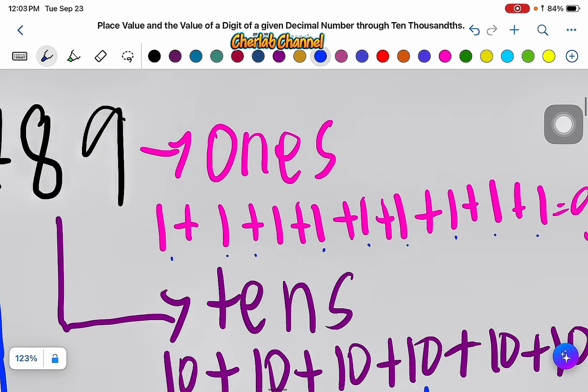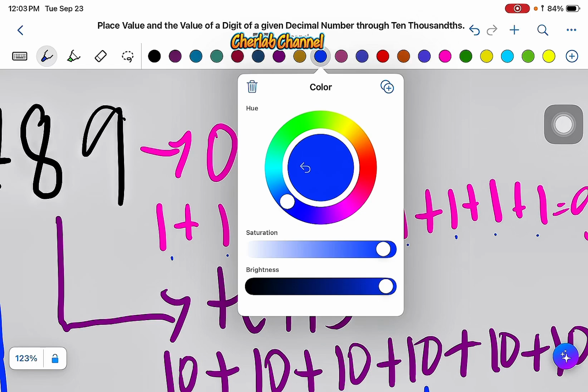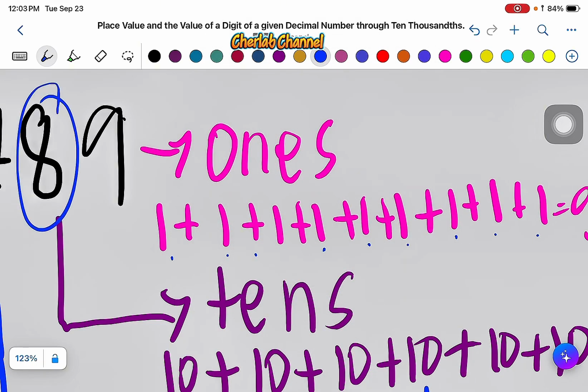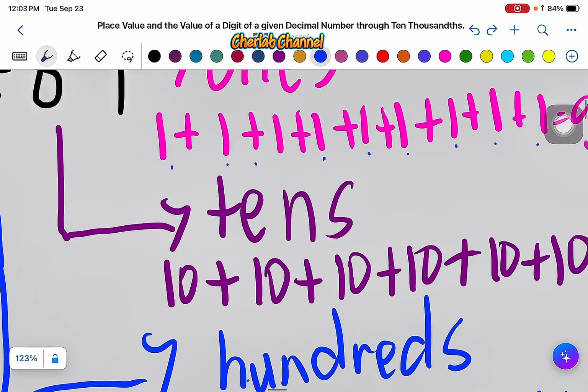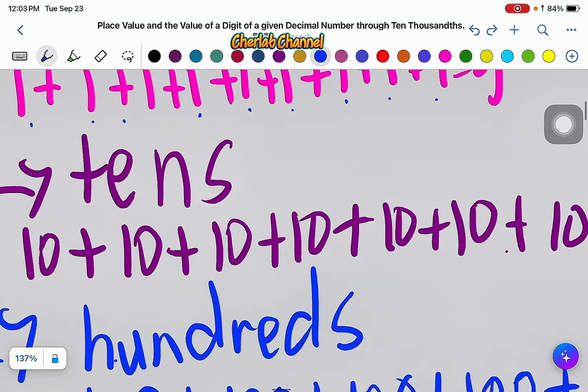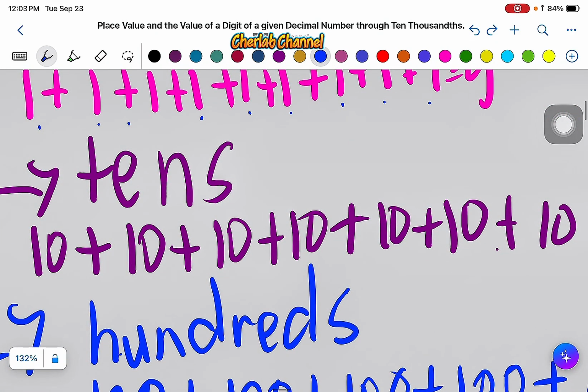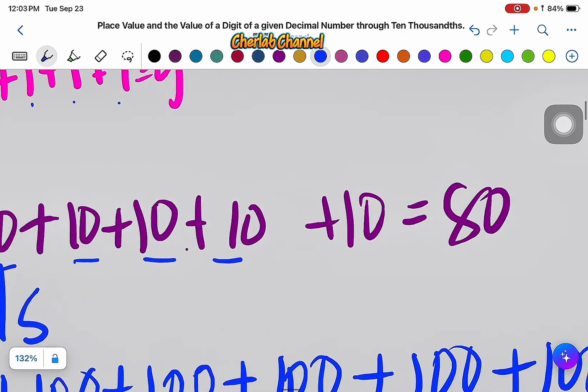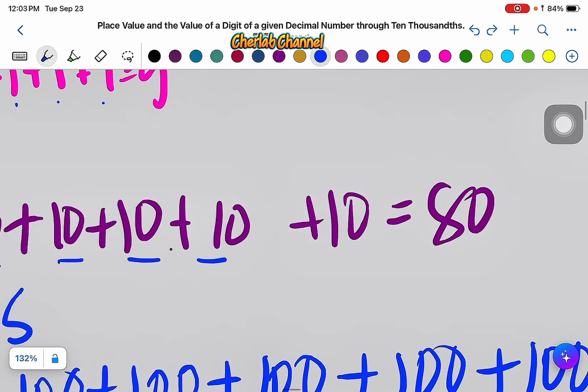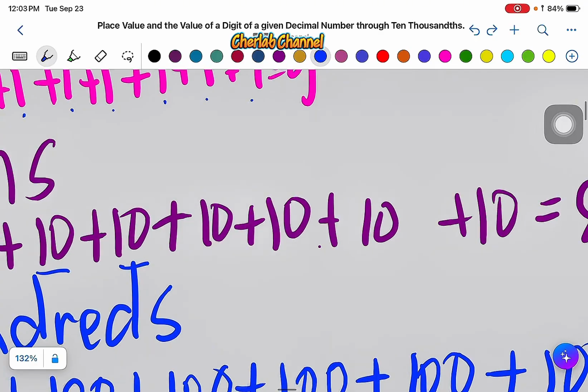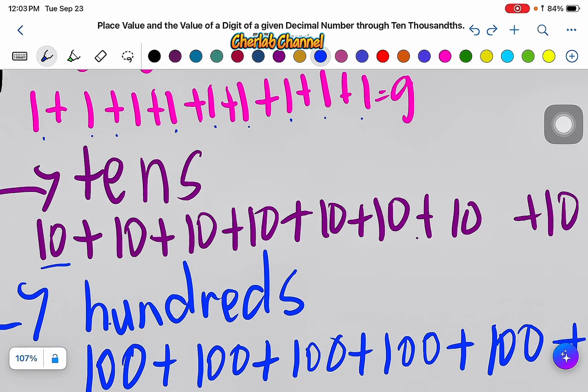Now, for the second digit, we have number 8. Here, number 8 is at the tens place. Meaning, tig sa 10. 8 tig sa 10. So, 10, 20, 30, 40, 50, 60, 70, 80. That is equal to 80. Okay?